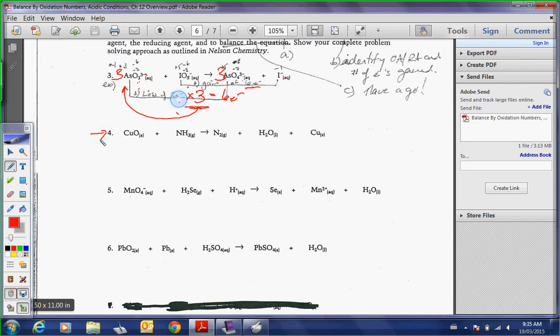Question 4. First thing you would have done is added oxidation numbers to everything. +2, -2, +1, -3, 0, +1, -2, and 0. These, of course, are just the base numbers. And you'll have noted that the copper changed from +2 to 0, and that the nitrogen changed from -3 to 0.